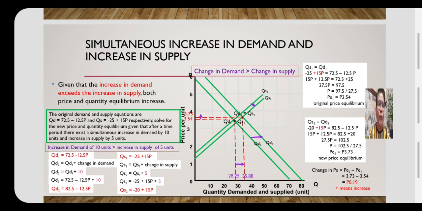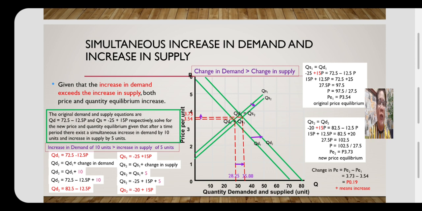So, how are we going to deal with this problem? First is that we have to recognize the original demand equation and the original supply equation. Second is to recognize how much change in demand and how much change in supply there is.